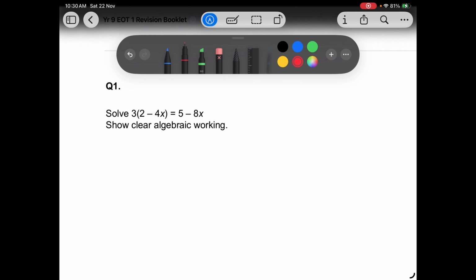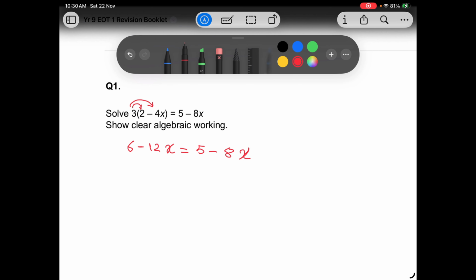Why do we call it linear? Because there is x to the power of 1, so it's not quadratic, it's only linear. So how to solve this? I will start by expanding this here. So 3 times 2 is 6, minus 12x equals 5 minus 8x.